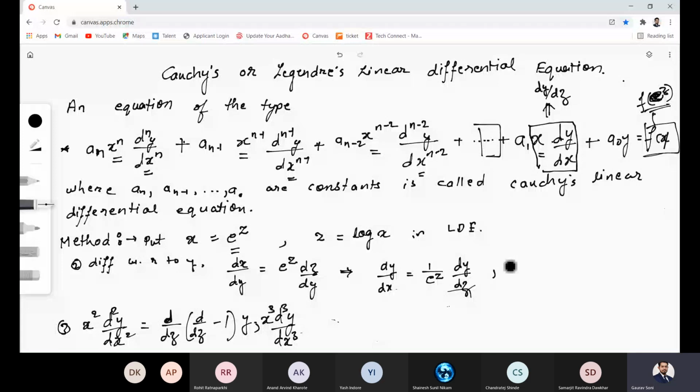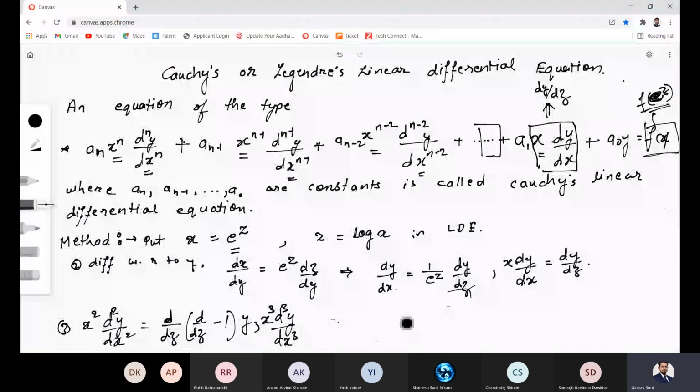Can you go one step ahead and guess what will happen for x cube d cube y by dx cube? So that will be d by dz, d by dz minus 1, d by dz minus 2, bracket complete, y.